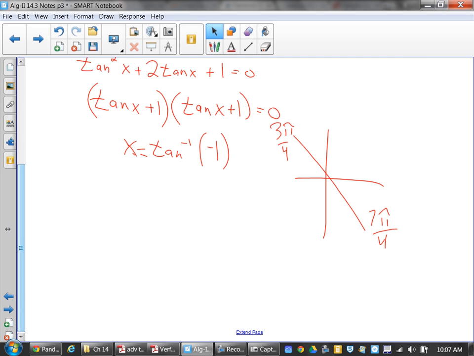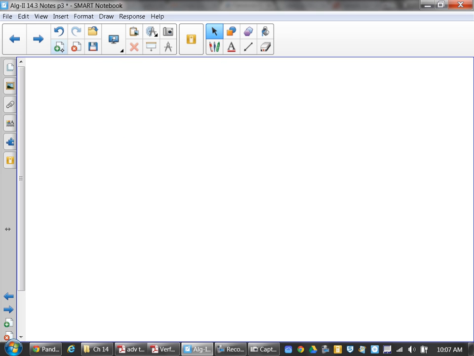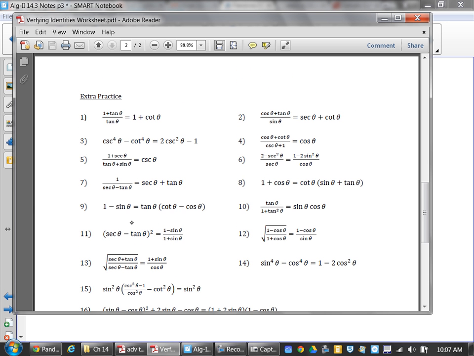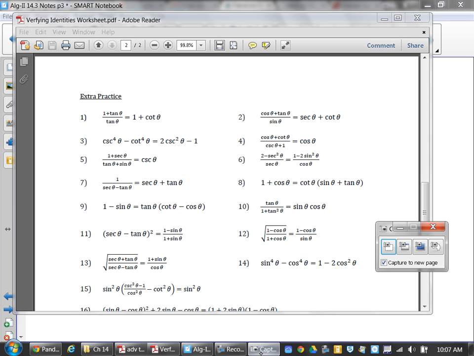What I want you guys to work on is the back side of the sheet you were just doing.